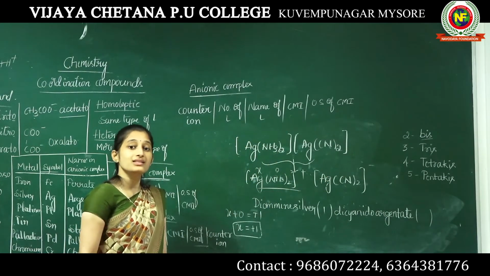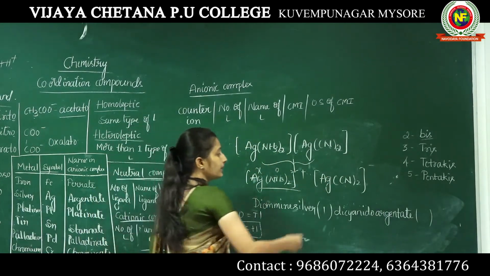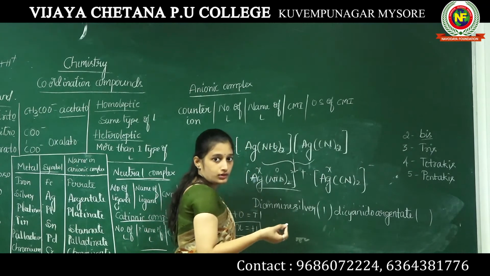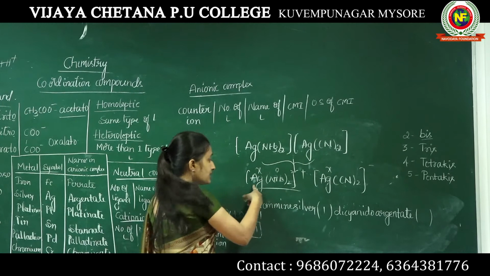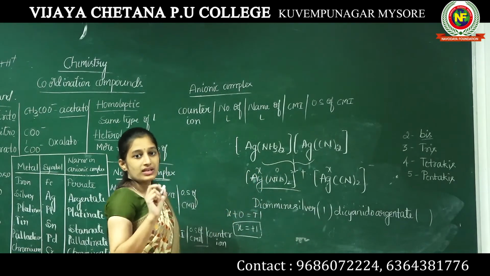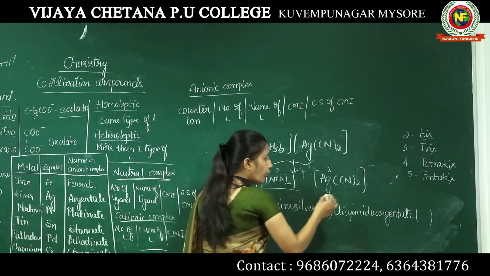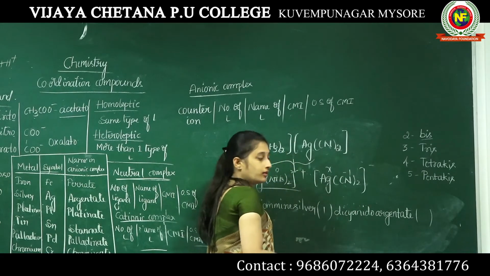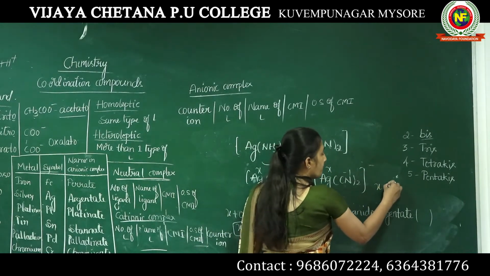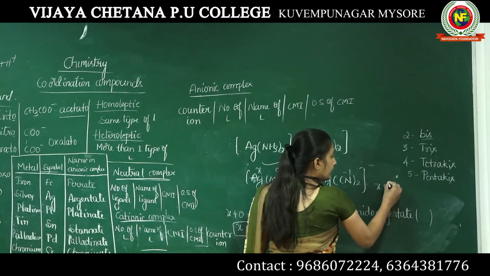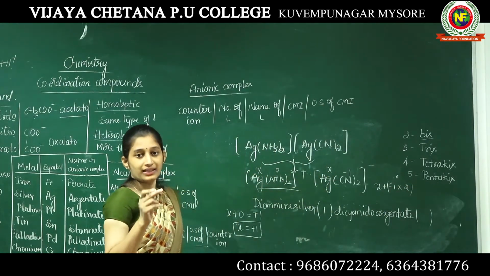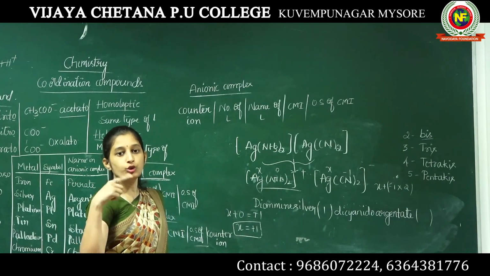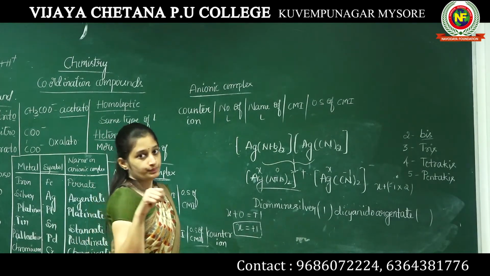What is the oxidation state of silver? I am going to calculate now. X. I don't know this silver oxidation state. To calculate it, now this one is minus 1. X plus minus 1 into 2, because two cyanido groups are there. One cyanido is -1. Two cyanido means multiply by 2.